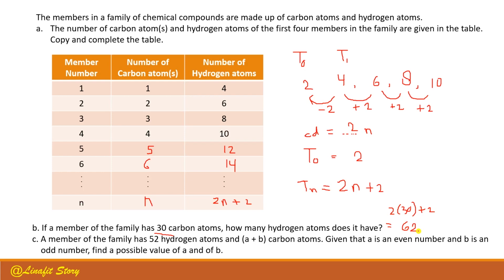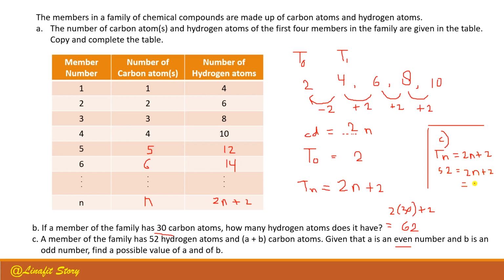Question C. If a member of the family has 52 hydrogen atoms and A plus B carbon atoms, given that A is an even number and B is an odd number, find the possible value of A and of B. So, to solve the question, we know that Tn is equal to 2n plus 2. 52 is equal to 2n plus 2.